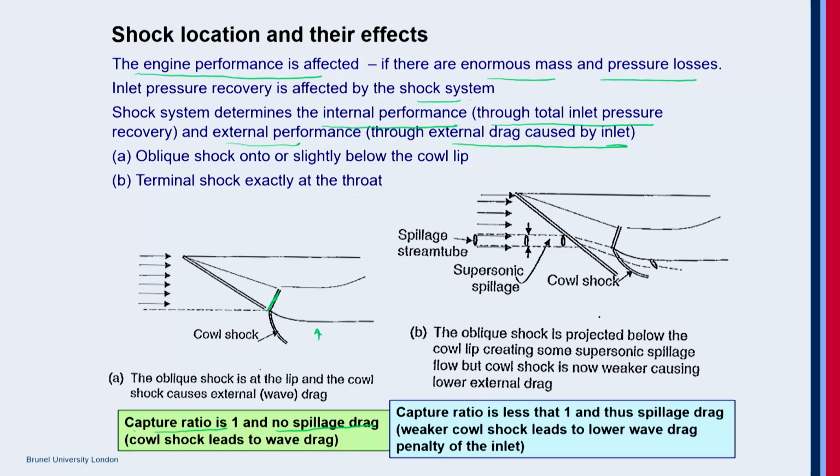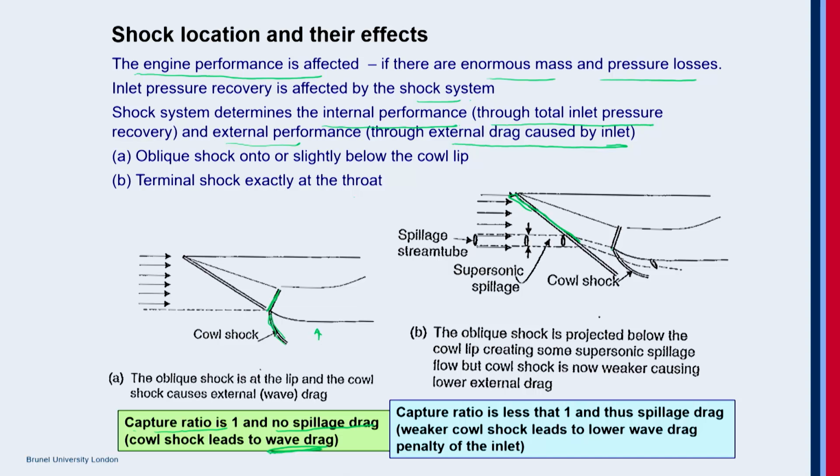You're not losing any mass of air, and you have good inlet pressure recovery, but you have a strong cowl shock, which leads to wave drag, and it deteriorates the external performance. So you have a good internal performance, but your external performance is affected due to the position of the oblique shock.